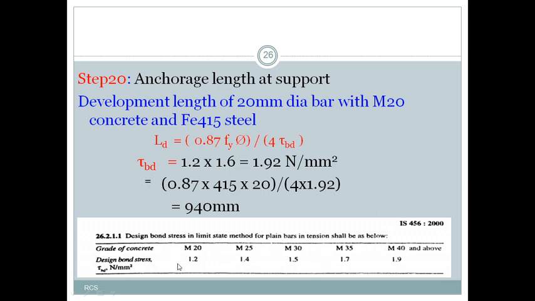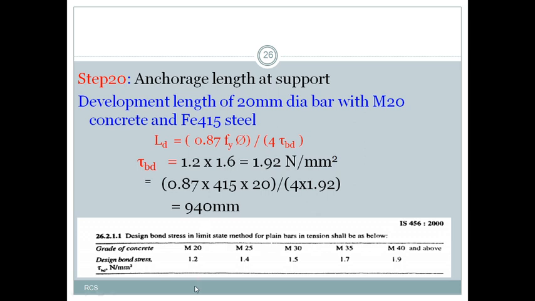But this table corresponds to the limit state for plain bars in tension zone. Here in this problem, we are providing a bar in the tension zone, but the bar provided is Fe415, that is an HYSD bar. The bond stress of this type of bar in the tension zone can be increased by 60% more than for plain bars in tension zone.